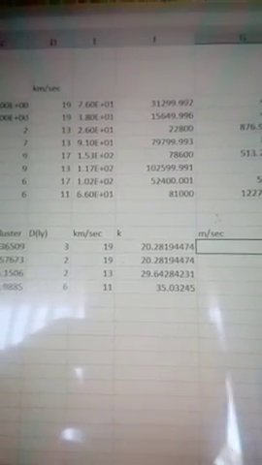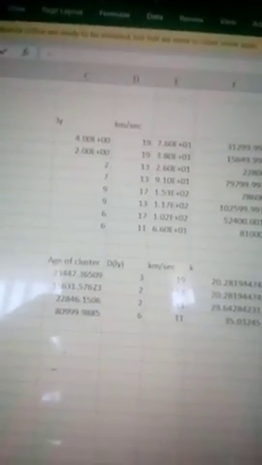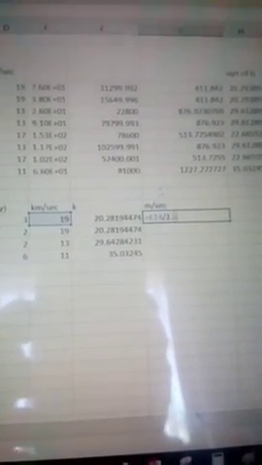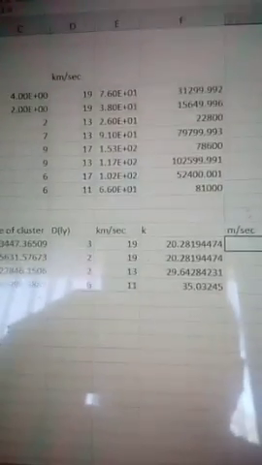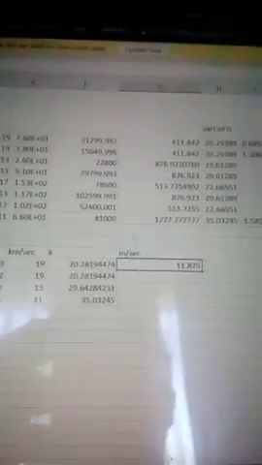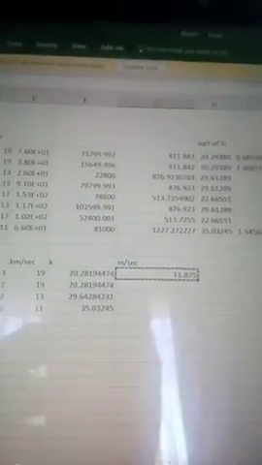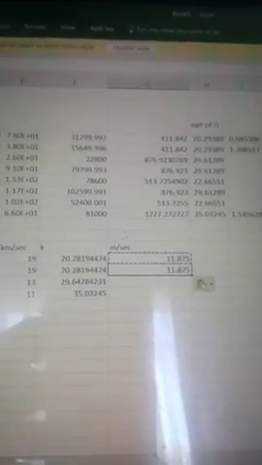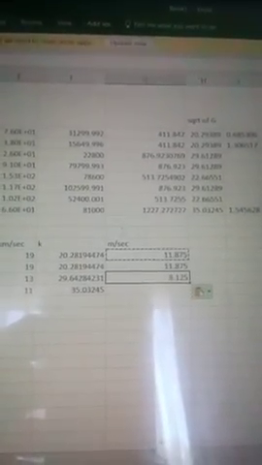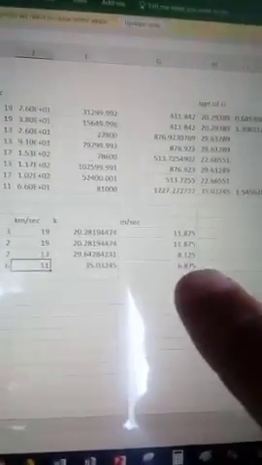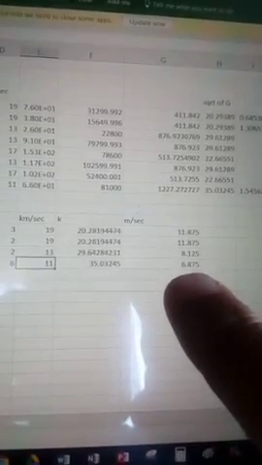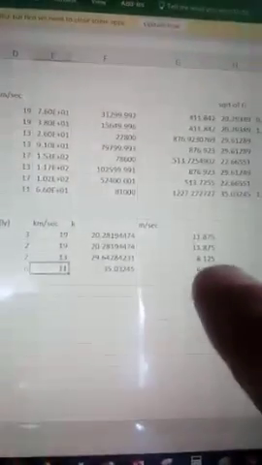So miles per second is going to equal that divided by 1.6. So it's going to be 11.875 miles per second. It gives you 19. And then all you have to do is copy this down and you'll get the same answer. It'll work it out all the way down. It's automatically working it out. So now we can see, for example, that 11 kilometers per second is 6.875 miles per second. 13 kilometers per second, 8.125.